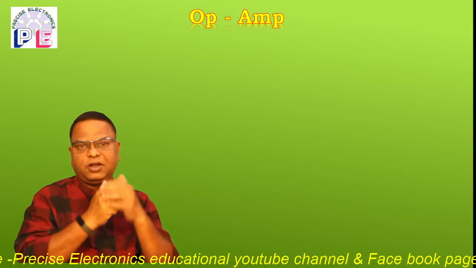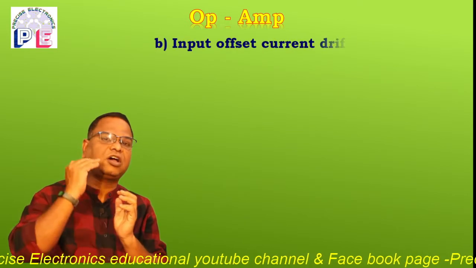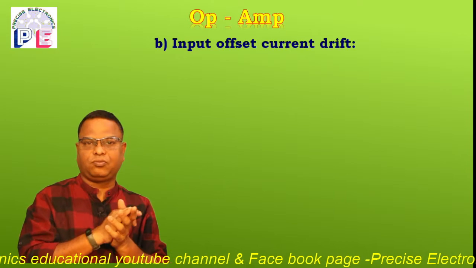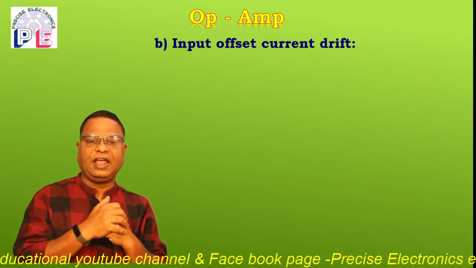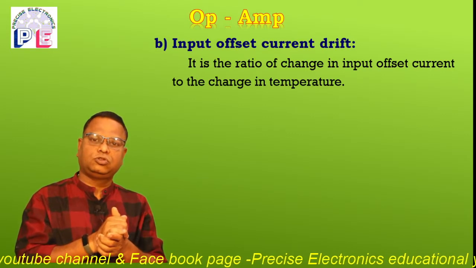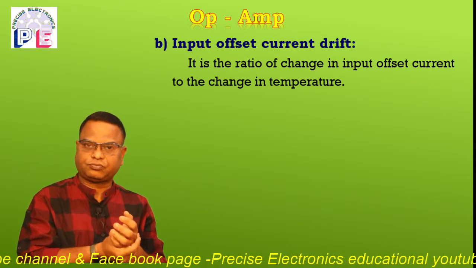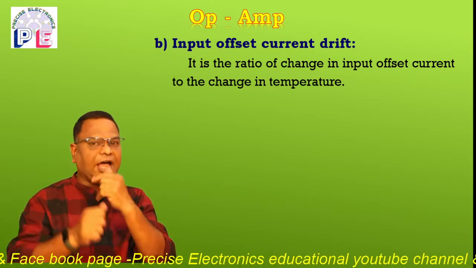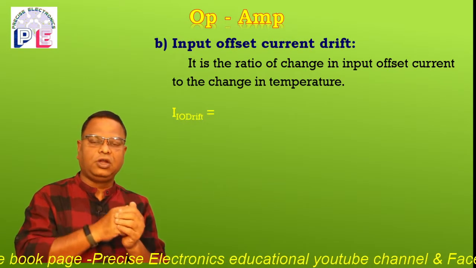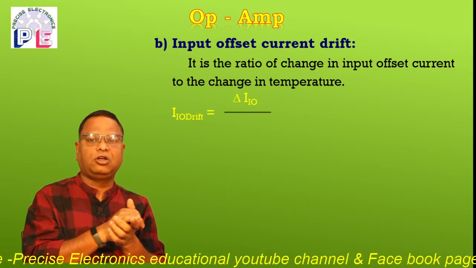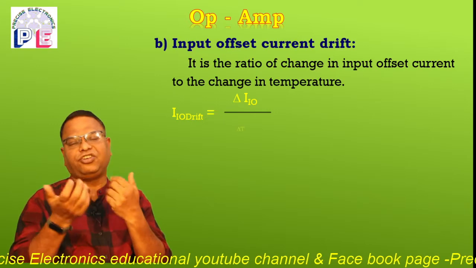The second drift is input offset current drift. It is defined as the ratio of change in input offset current to the change in temperature. So input offset current drift, I suffix IO drift, is equal to delta IIO, that means change in input offset current, to delta T, that is change in temperature.